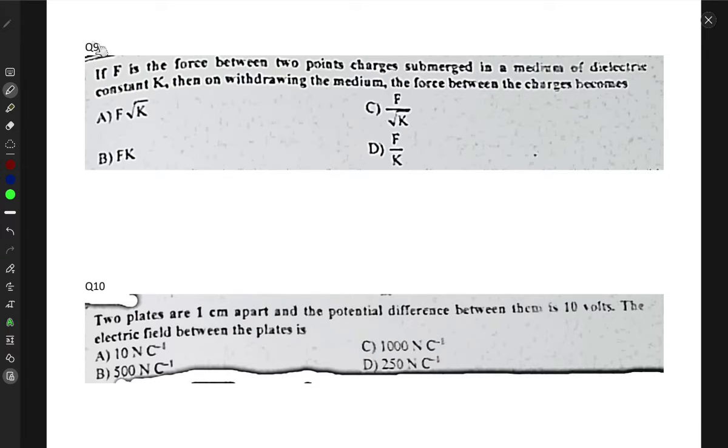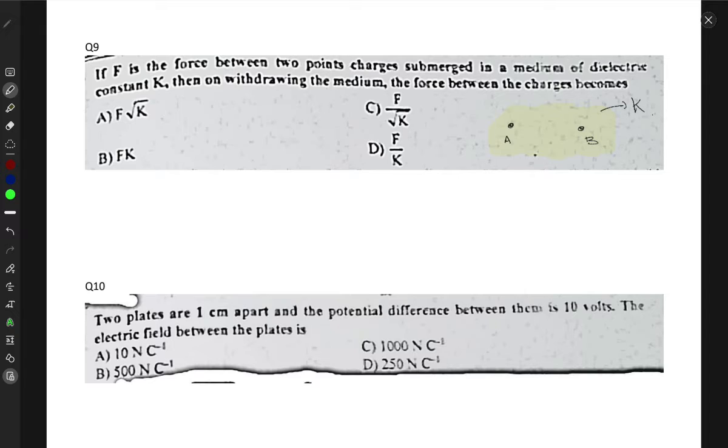Alright, so moving on to question number 9. If F is the force between 2 point charges that are submerged in a medium of dielectric constant K. So suppose that you have 2 point charges. Suppose this is point charge A and this is point charge B. Both of these charges are submerged in a dielectric medium, something like this, whose constant is capital K. Now when you withdraw the medium, then the force between the charges would be how much?